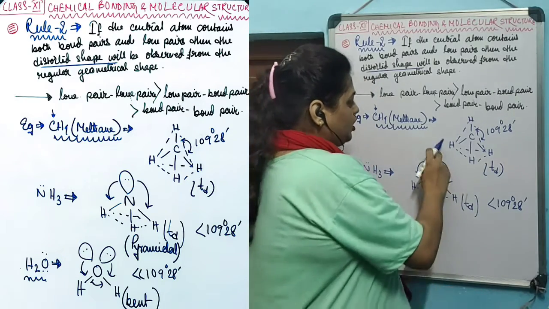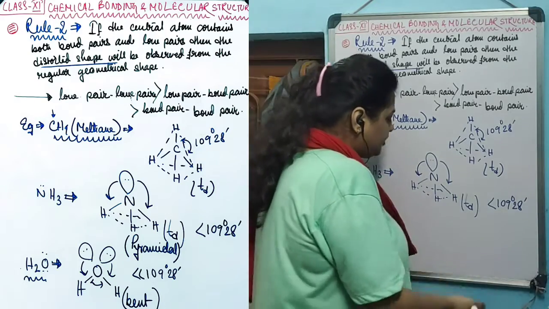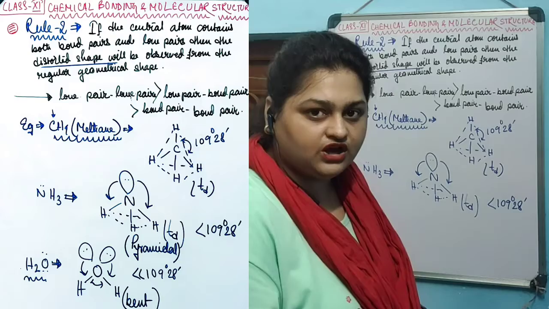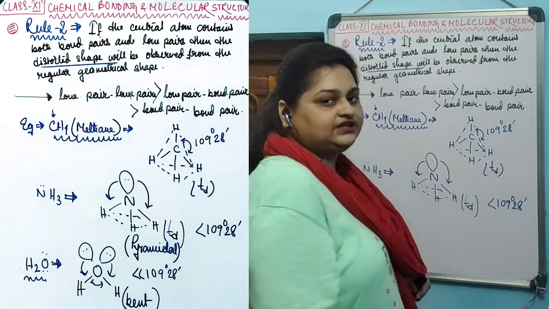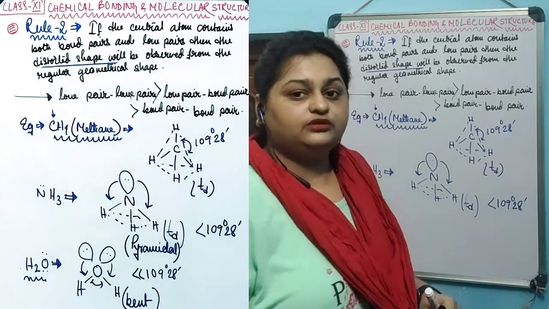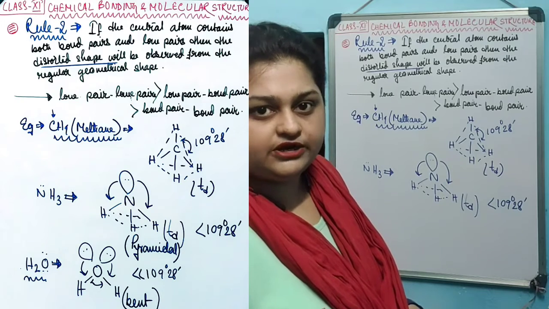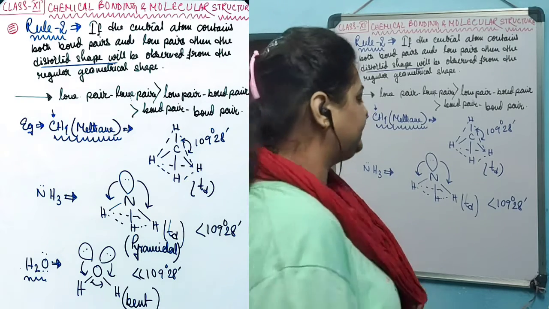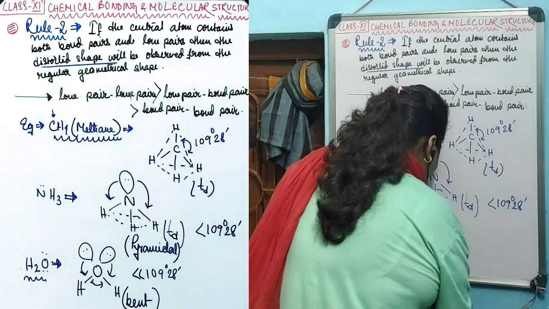Because of this lone pair, the shape of the molecule will be distorted due to much more repulsion coming from this lone pair. That will create a decrease in the bond angle. As a result, the bond angle will be less compared to 109 degree 28 minute. A distorted shape will be created, and this shape is known as pyramidal shape.